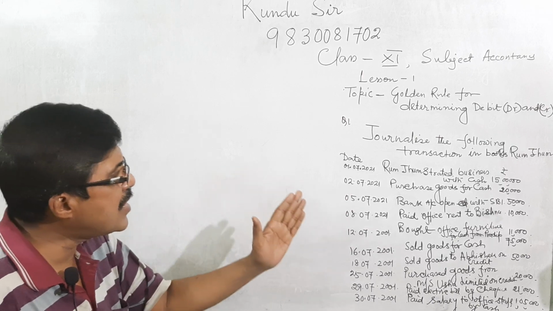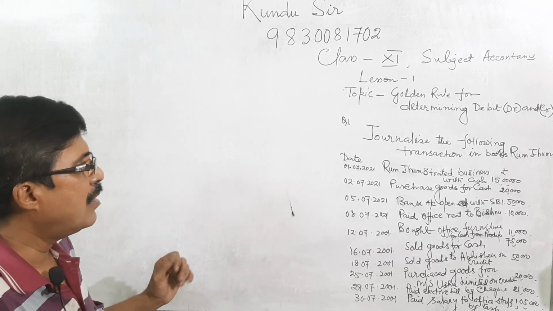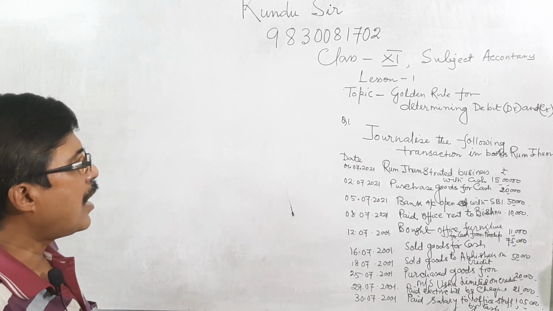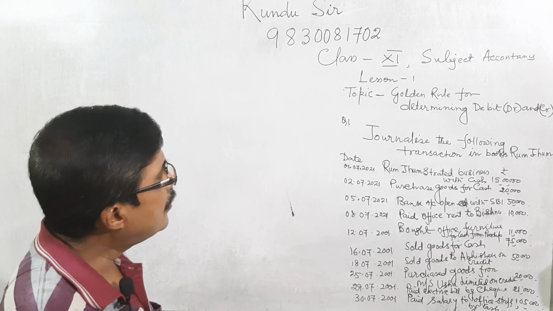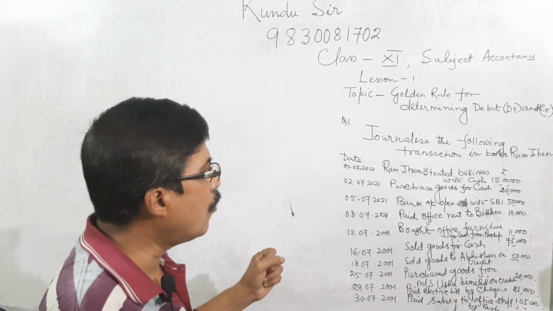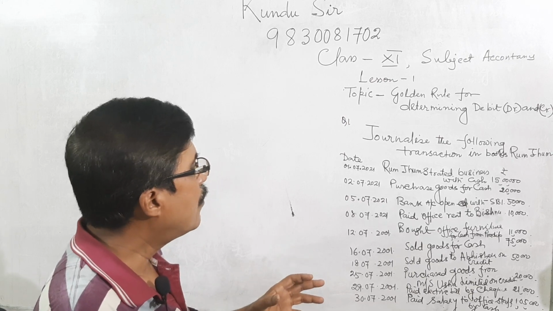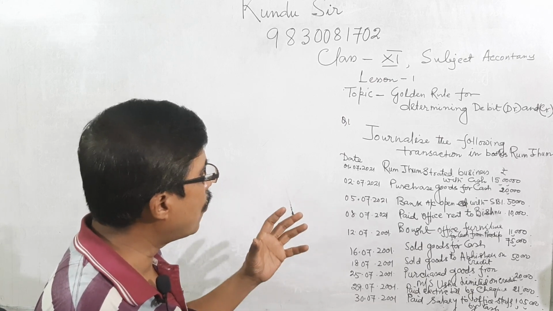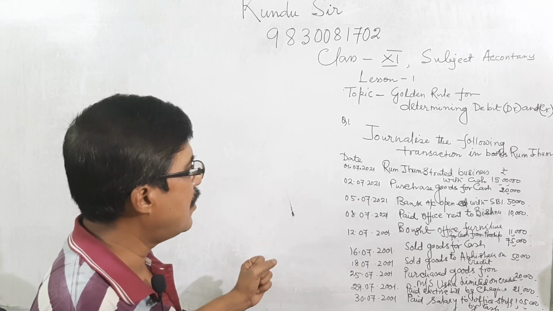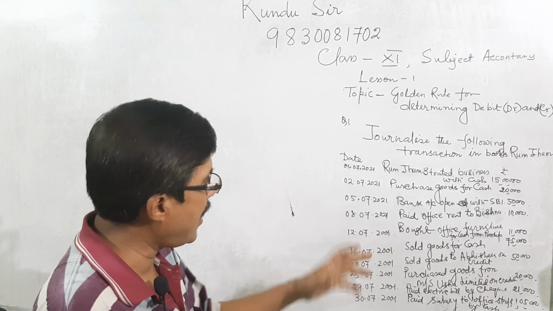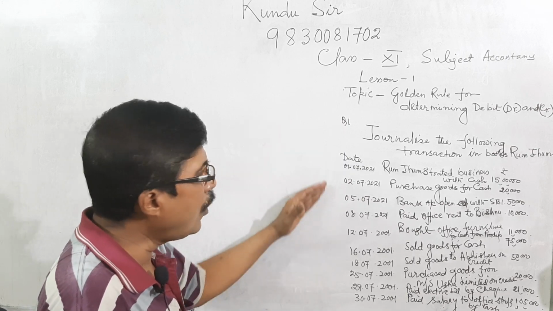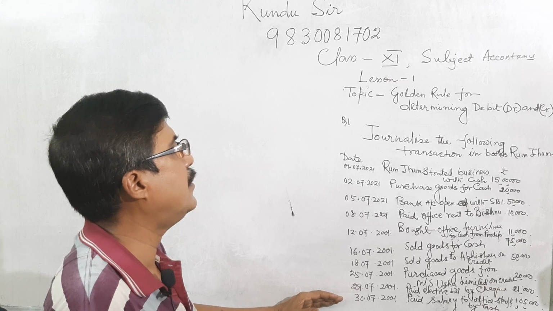On the right hand side, a transaction is written and you are requested to journalize the following transaction in the books of Rumjhum, because the owner of the business is Rumjhum. She started a business with cash rupees 15 lakhs and made transactions through the month of July.